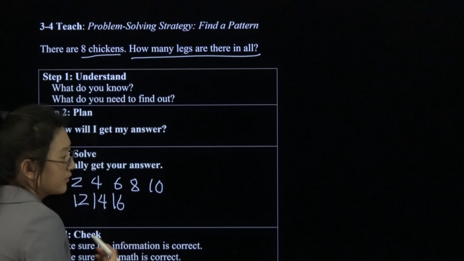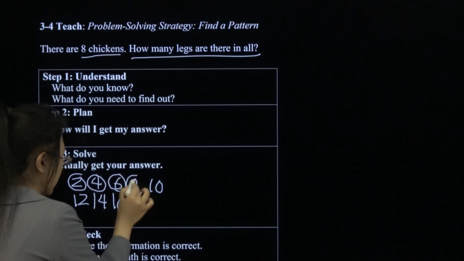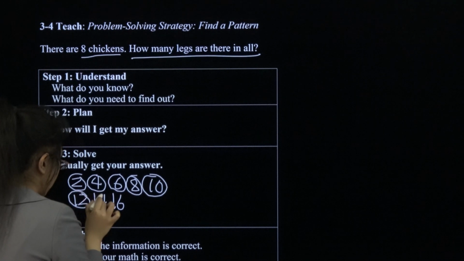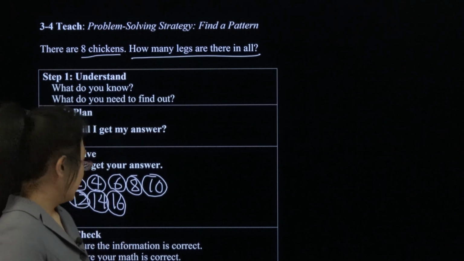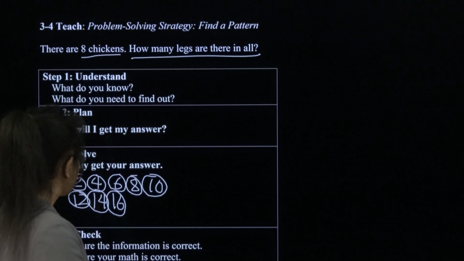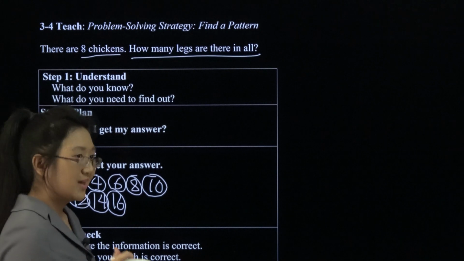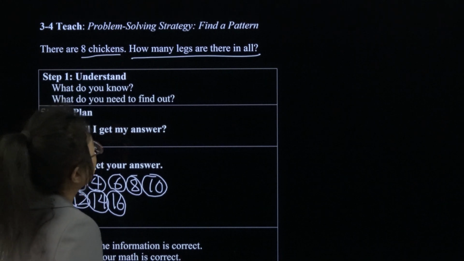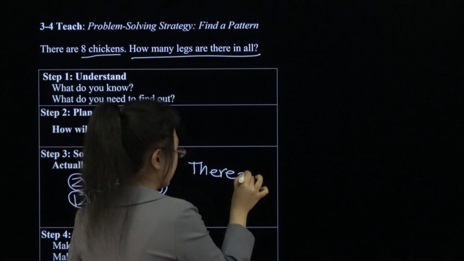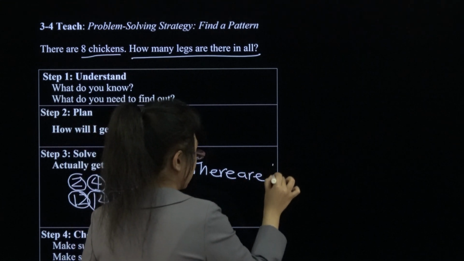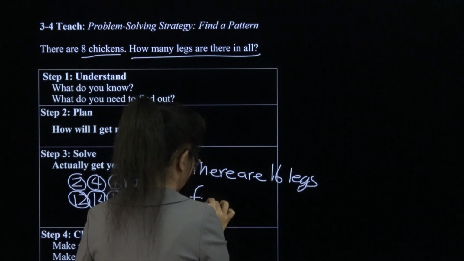Now if you realized there's 1, 2, 3, 4, 5, 6, 7, 8 numbers here. That's 8 twos, which means that there are 16 legs for 8 chickens.